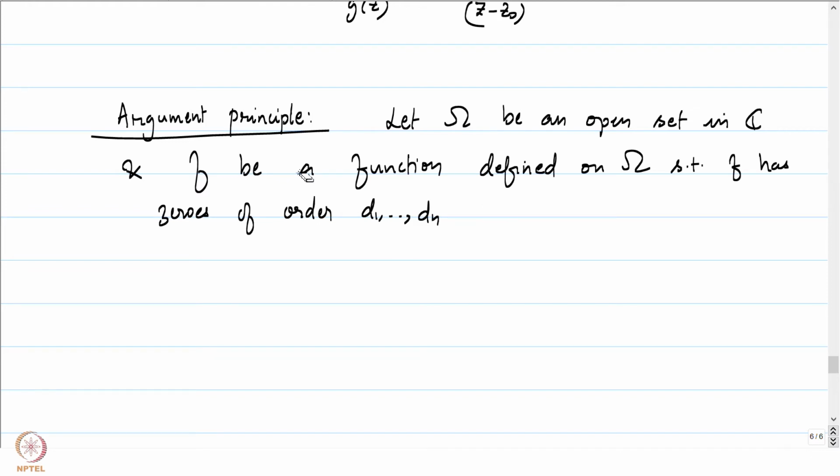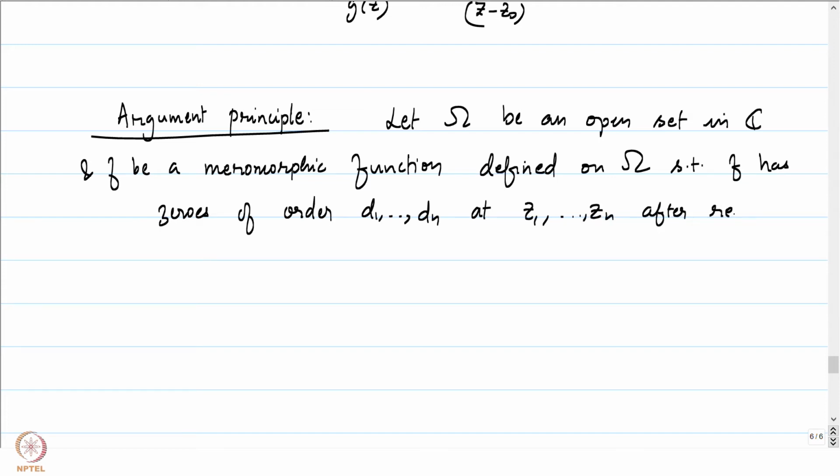And f be a meromorphic function. So let me just write that very carefully. So it's defined on omega minus some singular sets. And let's see what happens. Zeros of order d1 to dn at z1 to zn, after removing the removable singularities.